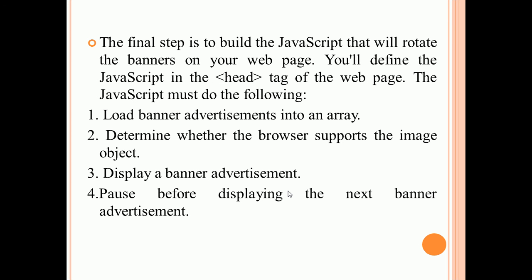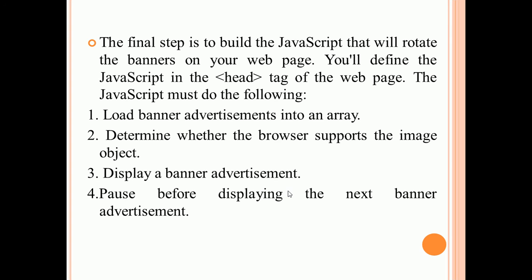The final step in order to create the banner is to build the JavaScript that will rotate the banners on your web page. You will define the JavaScript in the head tag of the web page, and the JavaScript must perform the following steps. First, load the banner advertisements into an array, determine whether the browser supports the image object, then display a banner advertisement, and then pause before displaying the next banner advertisement.